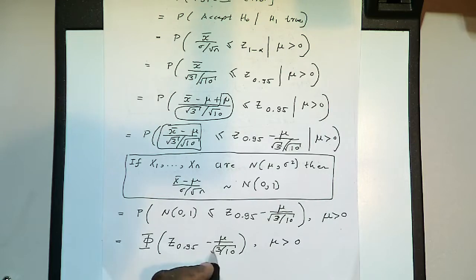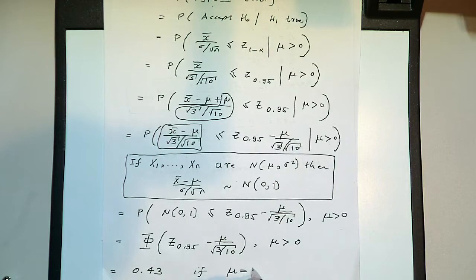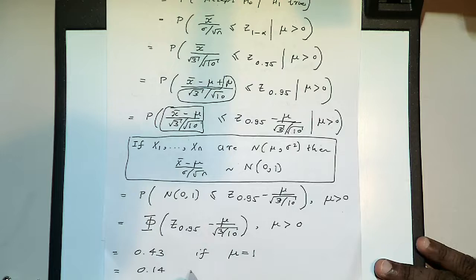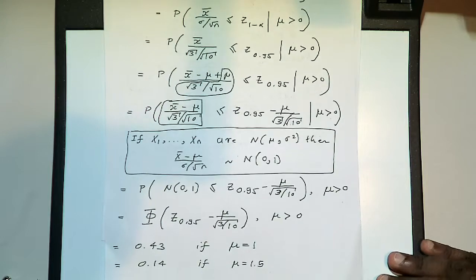So if you put mu equal to 1 and work out this probability, this will come to 0.43, and if mu is 1.5, let me check, this will be 0.14. All right, so that completes part 2 of question 2. Is that okay or not?